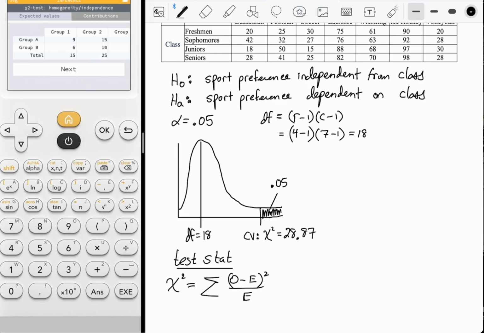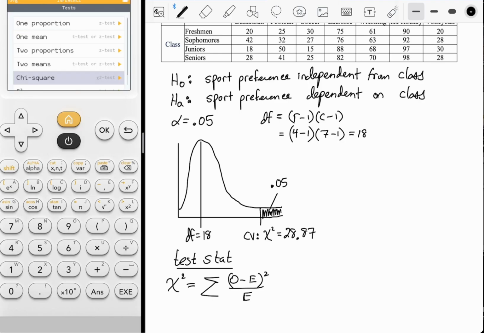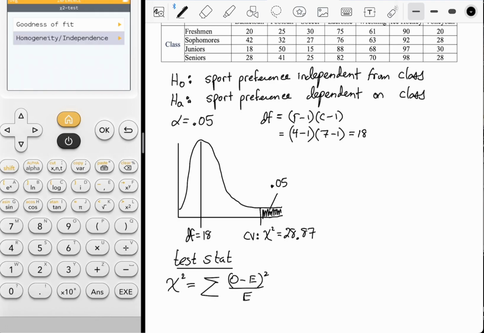All right, so I'm just going to bring it right back to the beginning. You go into chi-square, under inference tests, you go to chi-square. The first one is the goodness of fit test. I mean, they're actually both goodness of fit. It's just NumWorks decided to name this one goodness of fit. In chi-squares, we're always testing to see if the distribution of observed values is a good fit for the population, right?